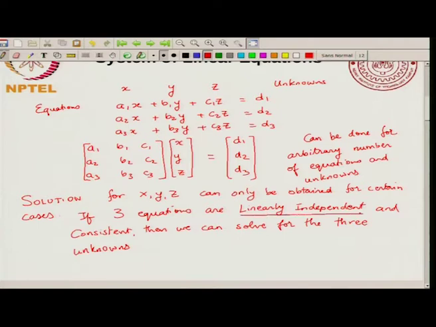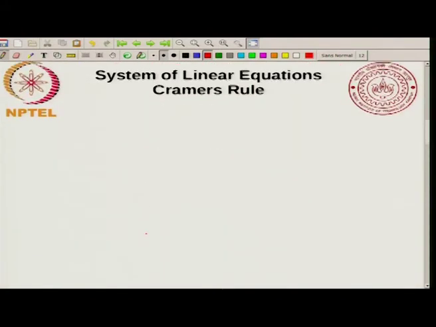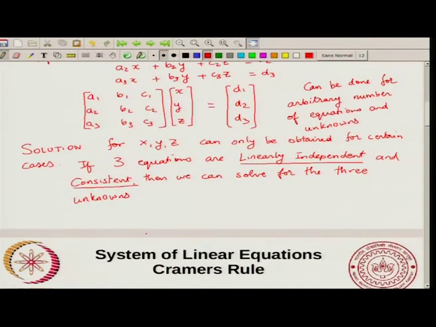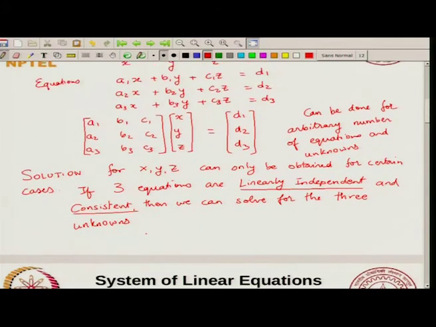I will come to what is meant by linearly independent and consistent in a few minutes, but let us assume that you can solve for the 3 unknowns. So, how would you imagine solving for the 3 unknowns? There is one rule called Cramer's rule, which can be used to solve for the 3 unknowns. I will just mention this right here. Again, this is only in the cases when these equations are linearly independent and consistent.